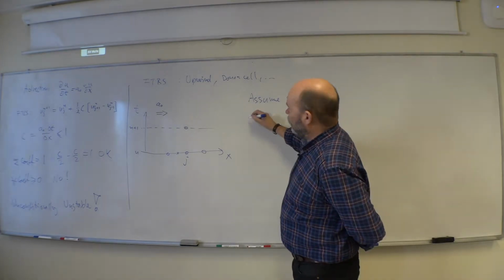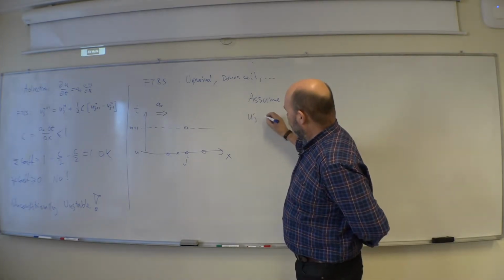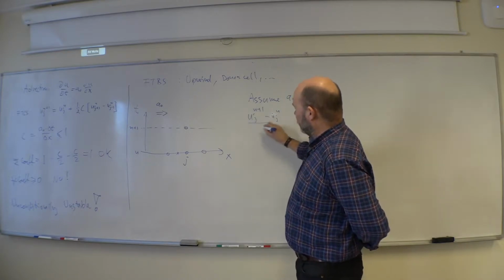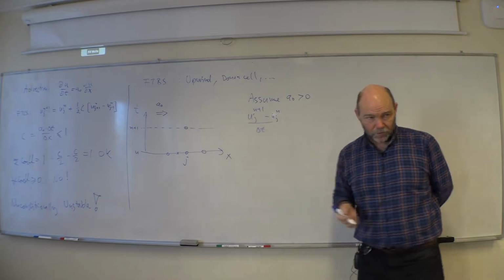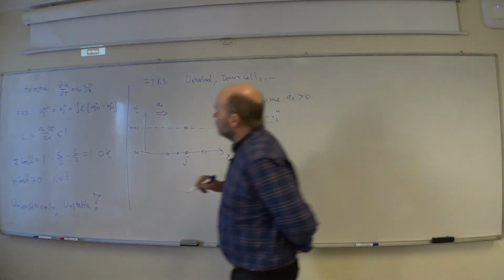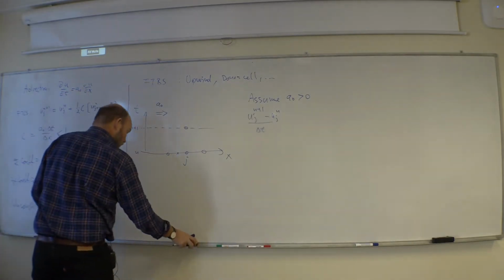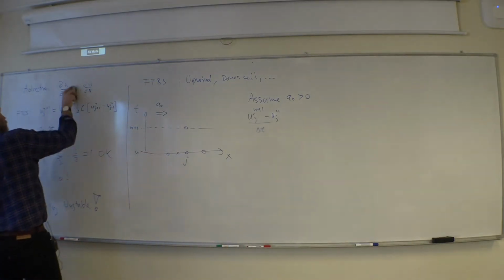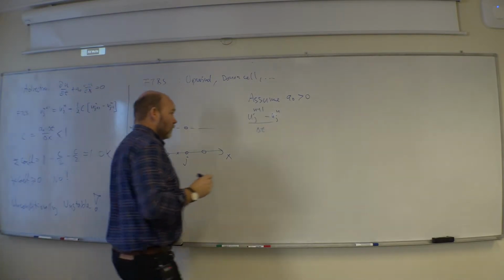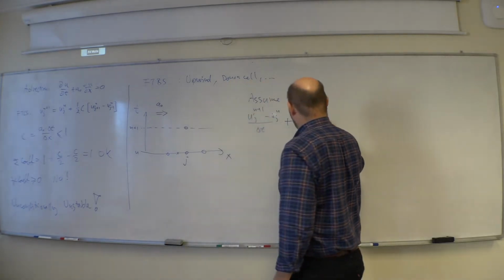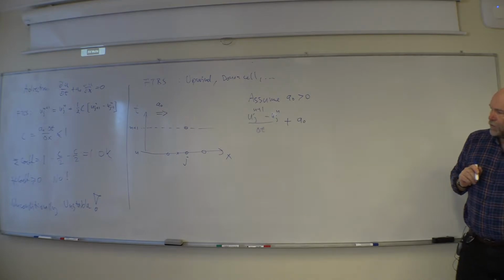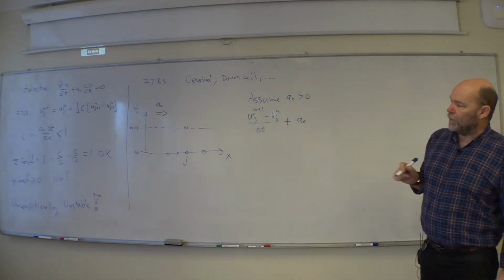What will the recipe be now? u_j^(n+1) minus u_j^n divided by delta t, as before, no change there, plus, sorry, that's wrong, it should be plus a0 times a first order derivative using the upwind direction.